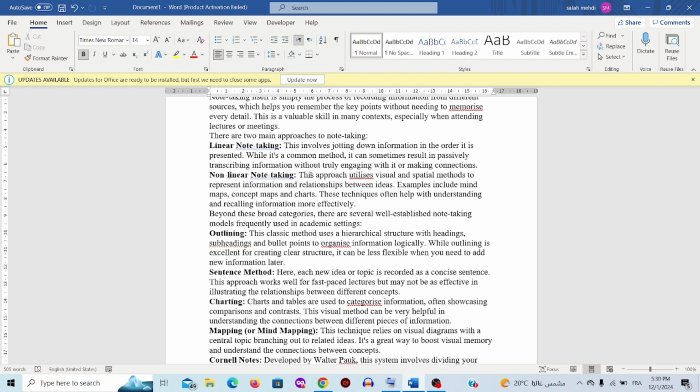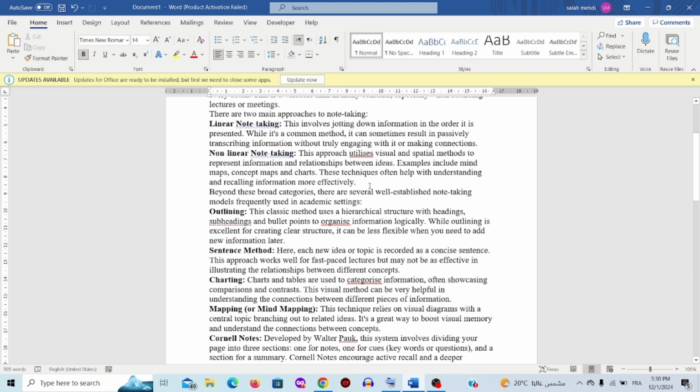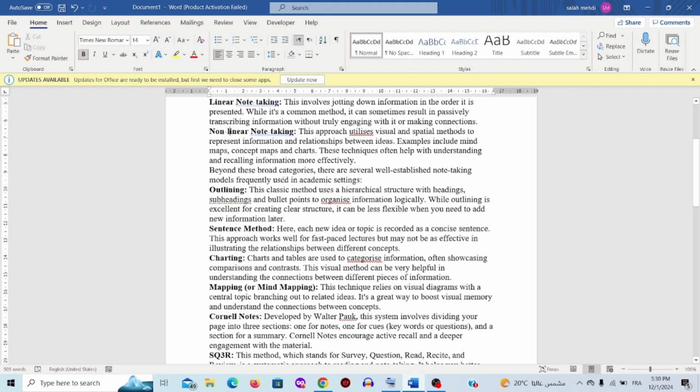For examples, mind maps, الخرائط الذهنية, something visual, concept maps and charts, الجداول, etc. These techniques often help with understanding, تفهم وتتذكر, and recalling information more effectively. You are going to remember them easily because you are interacting with something visual.